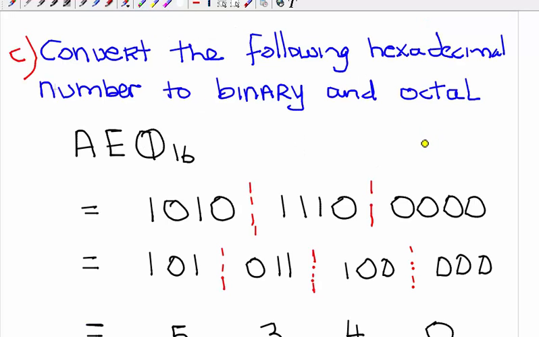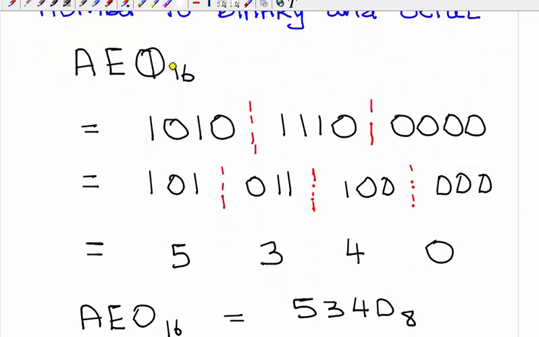A little bit tougher again: AE0 to the base 16. A becomes 1010, E becomes 1110, and 0 is 0000. I put in a cross there just to emphasize it's a zero, not the letter O. So we have 12 digits there.